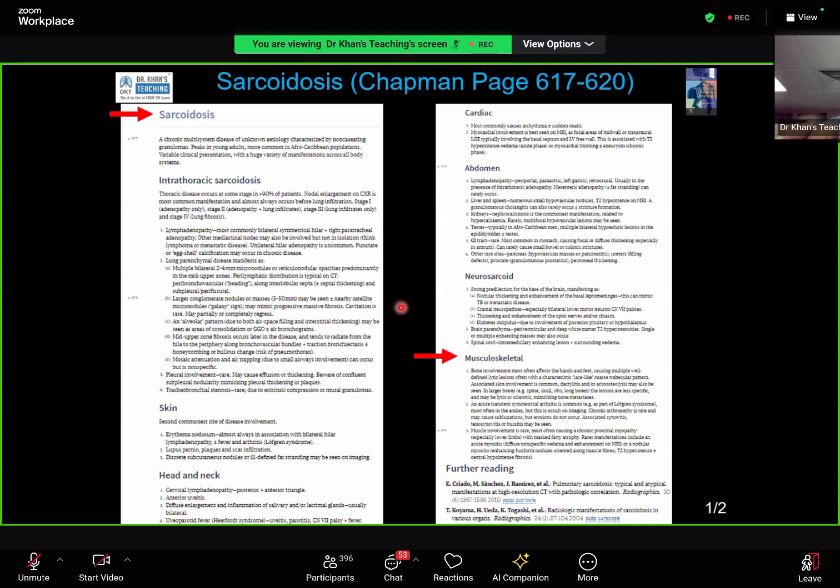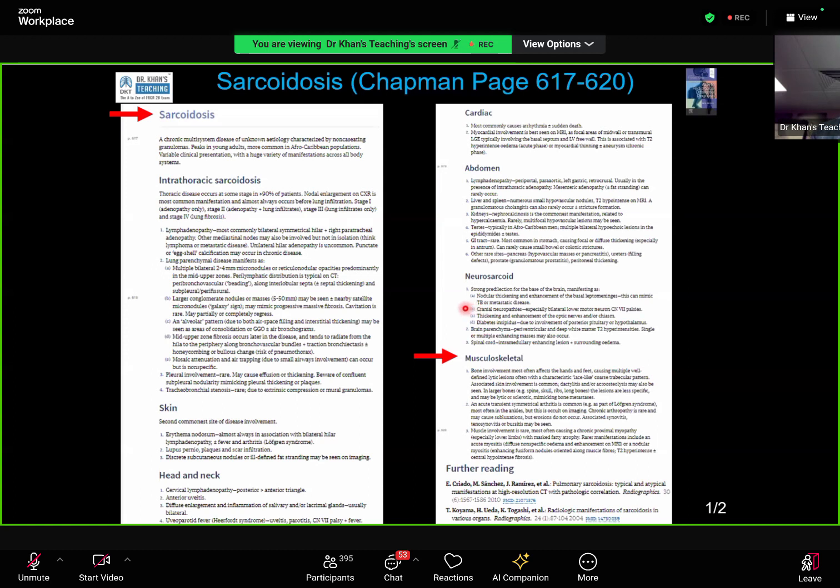Sarcoidosis is one of the favorites in the exam, for long cases and things like that. I have shown you cases in previous sessions regarding neurosarcoid, and I have told you that it is the greatest mimicker. So you can get long cases of anything from here to here. So you have to have a clear-cut idea.